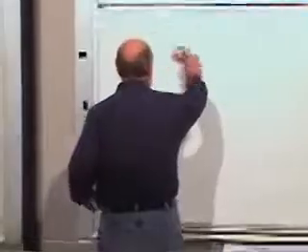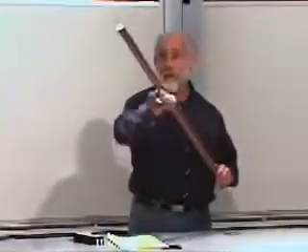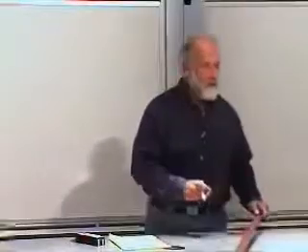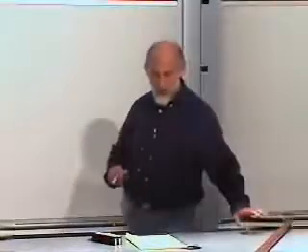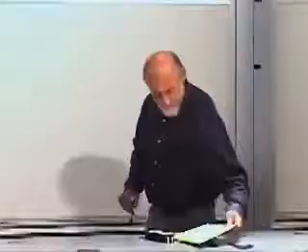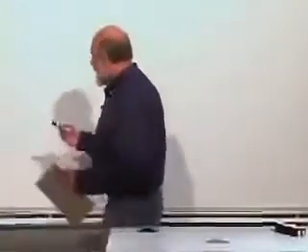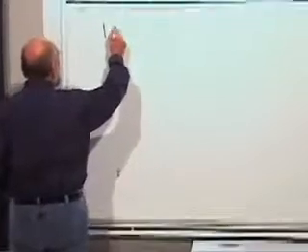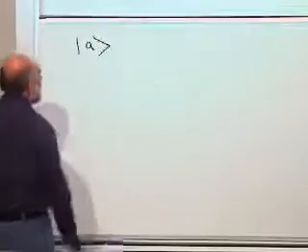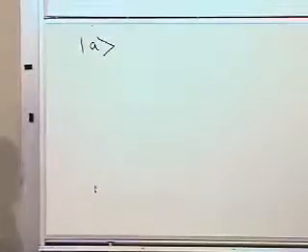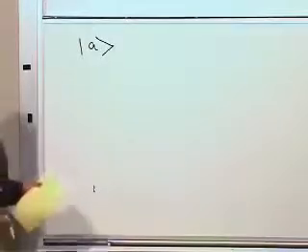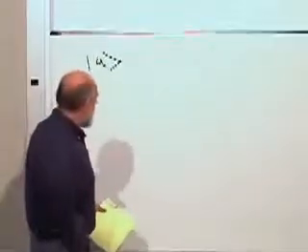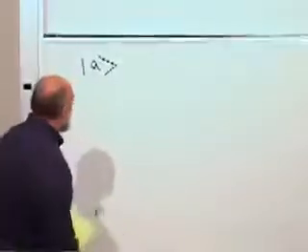As I said, do not confuse this with the pointer that is a vector in ordinary space. This is just a completely abstract concept. First of all, a vector is an object, and we'll label it like that. It's a collection of objects with a rule.